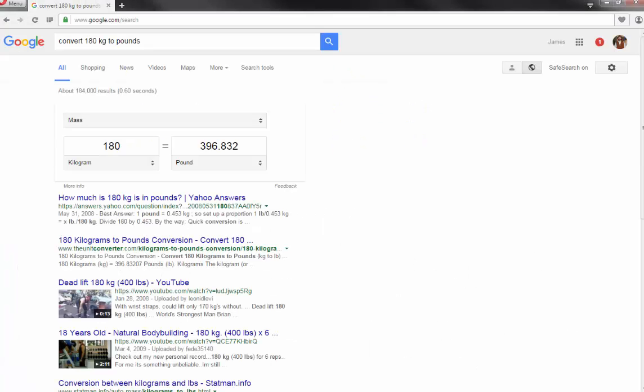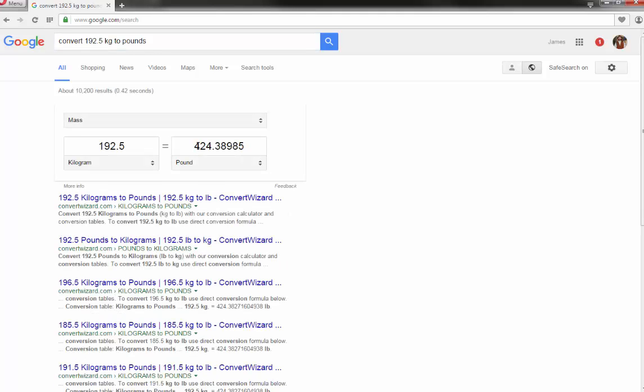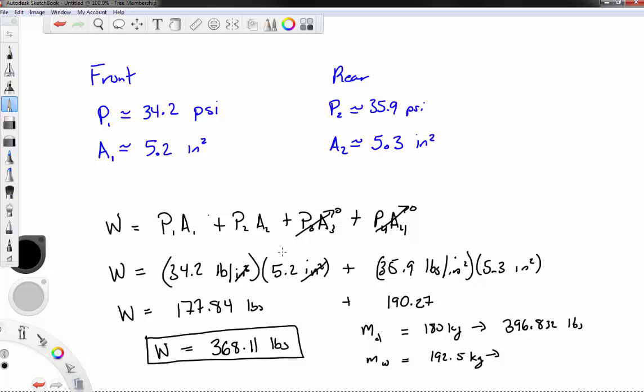Changing it to 192.5, it should be 424.4 pounds. So somewhere in that range is what's expected.